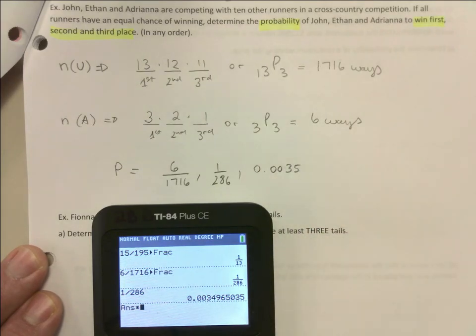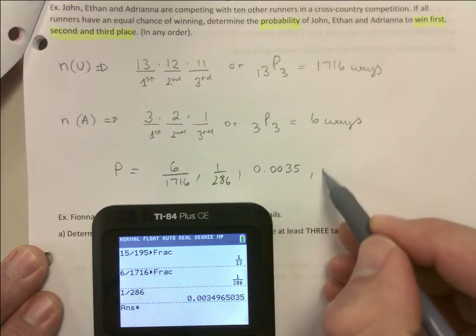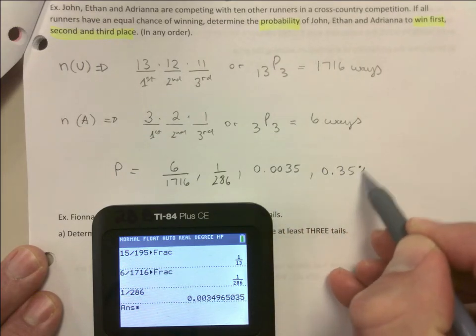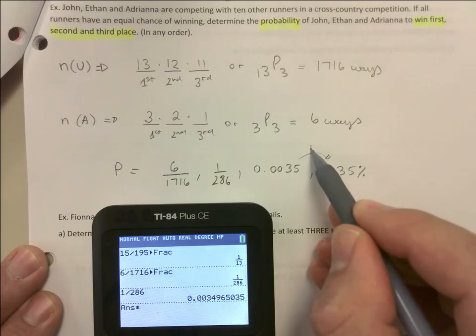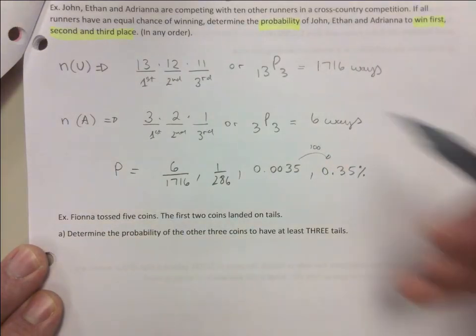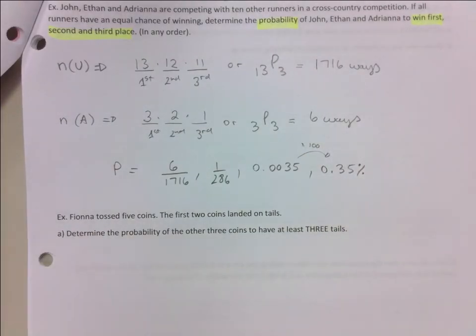And if you multiply that by 100, this would be 0.35%. But I would say if you know how to stack it, when it's probability, stack it. Okay.